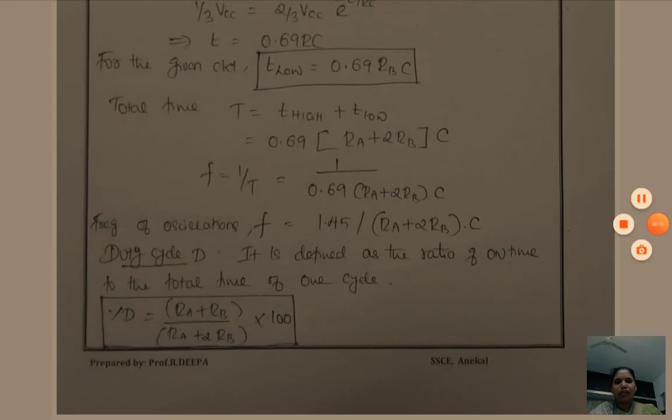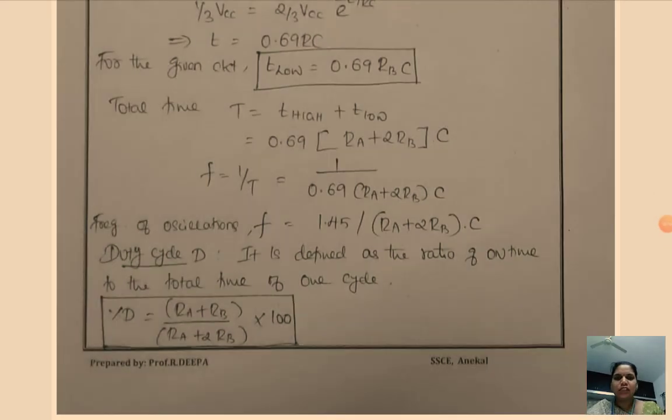We can also calculate the duty cycle of the astable multivibrator. Duty cycle is nothing but the ratio of the on time to the total time for one cycle. The on time is the charging time, which is via RA and RB.